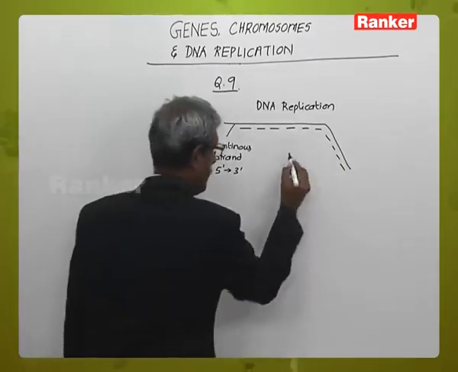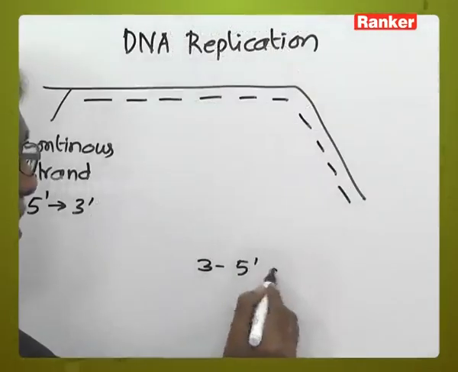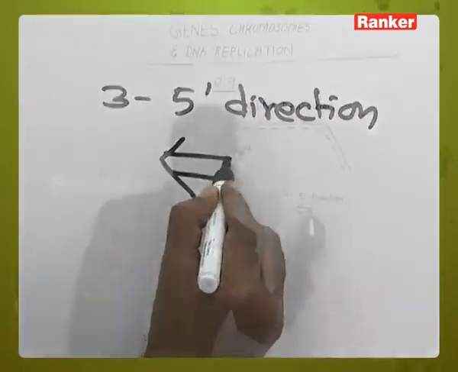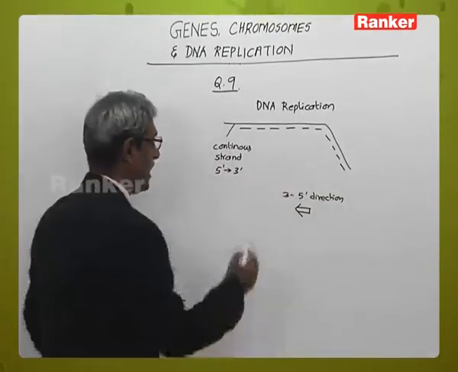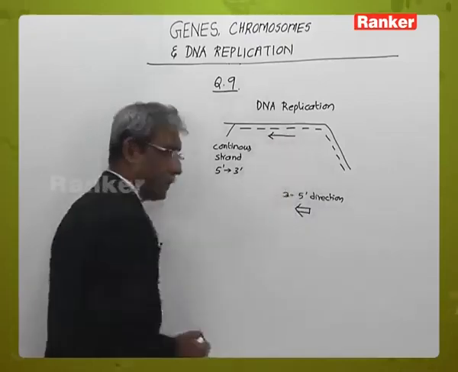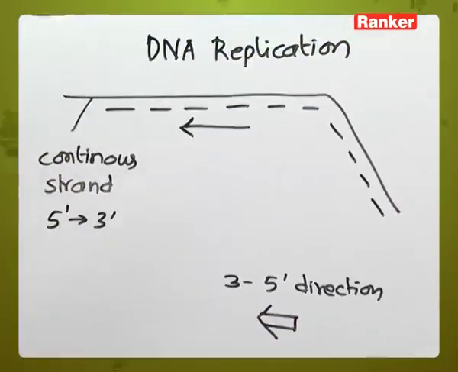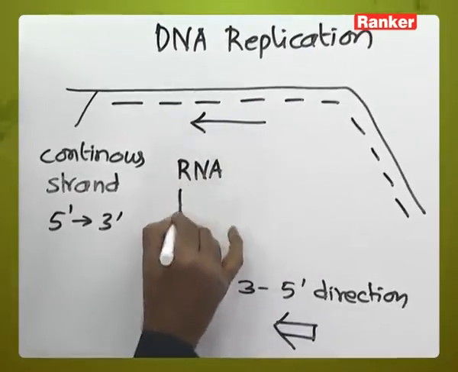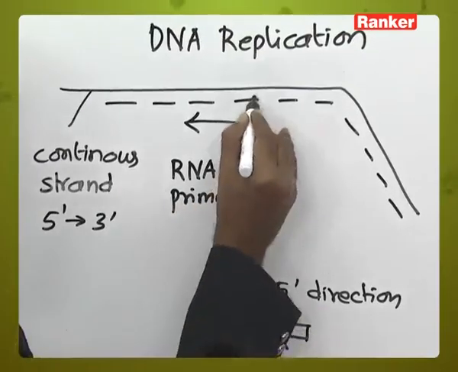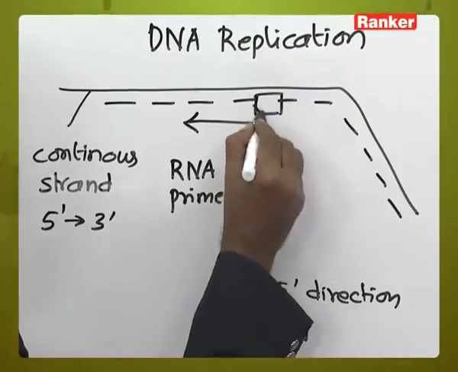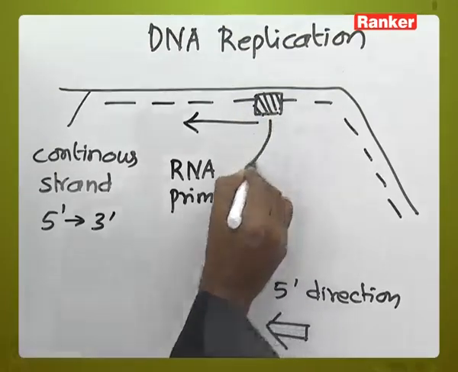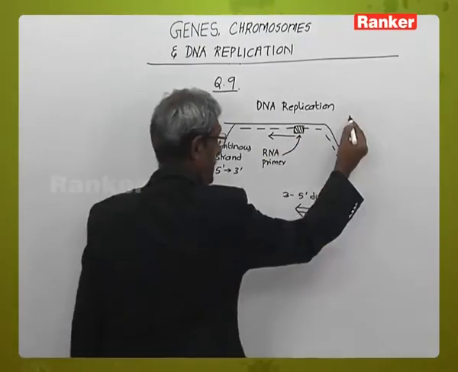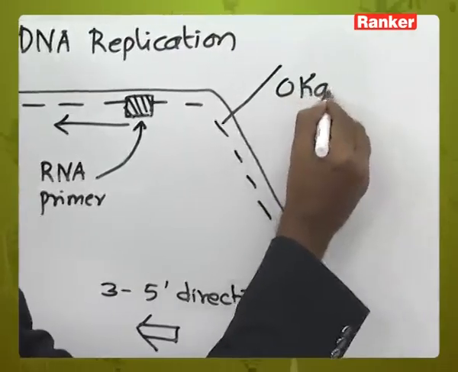Now these fragments are formed in the 3' to 5' direction. And again they are joined by new RNA primer, and RNA primer attaches to these small fragments. These small fragments are otherwise termed as Okazaki fragments.